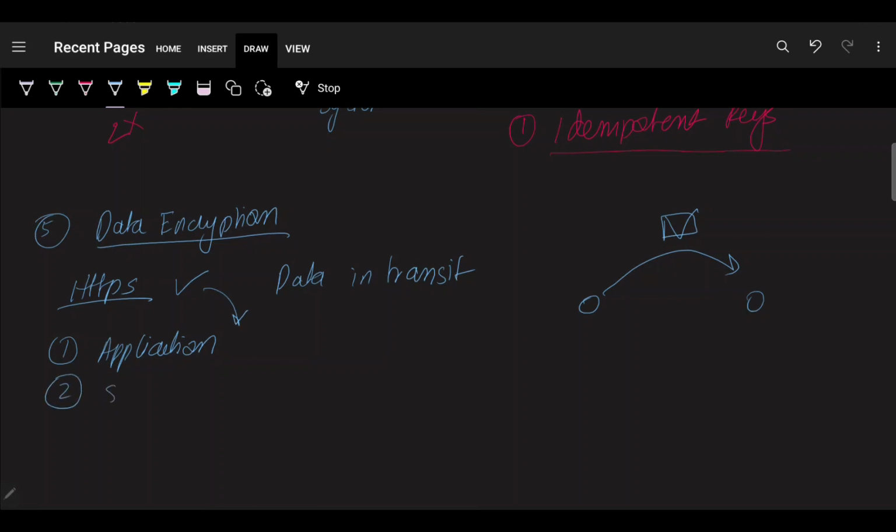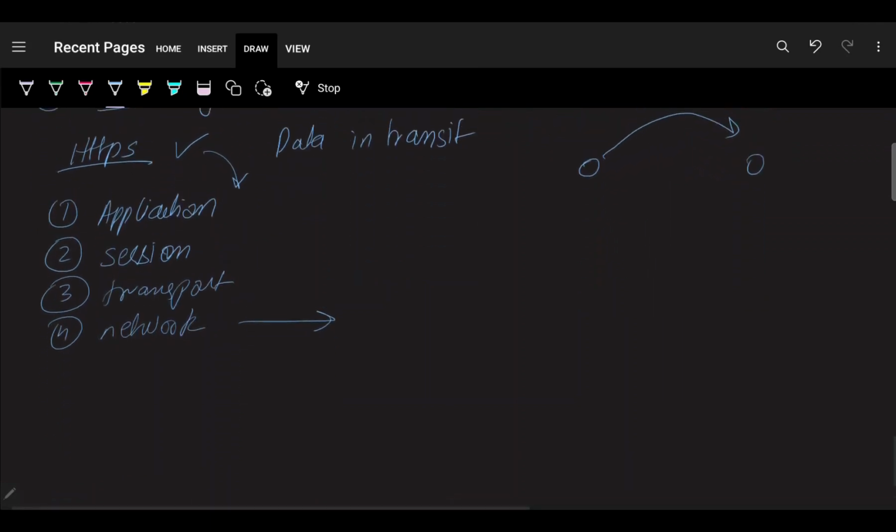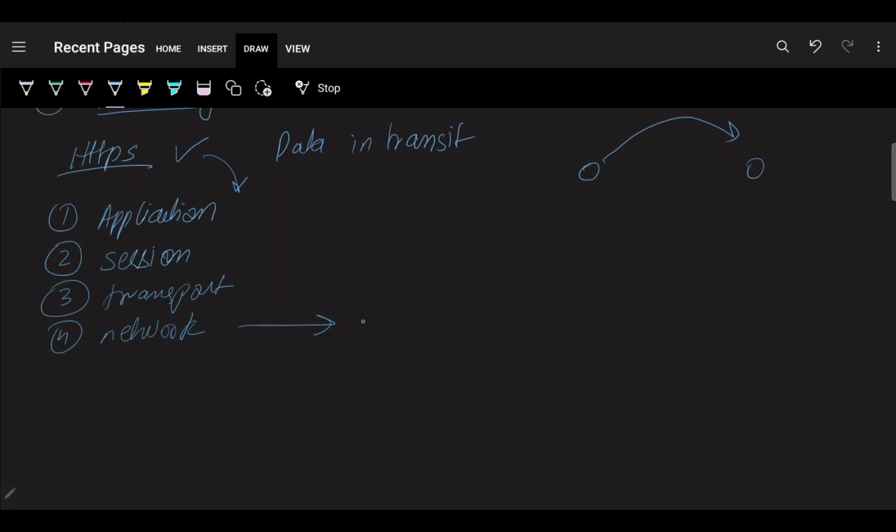Next, we want to make sure that we get some protection at the session level as well, at the transport level, and at the network level. When we're talking about network level, if we're using a particular cloud solution, we can make sure that we're using some sort of a VPC, which is a subcomponent of any cloud, virtual private cloud.